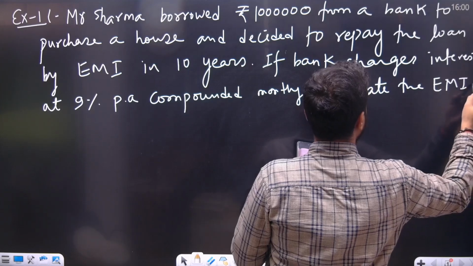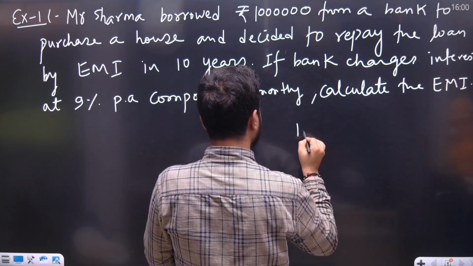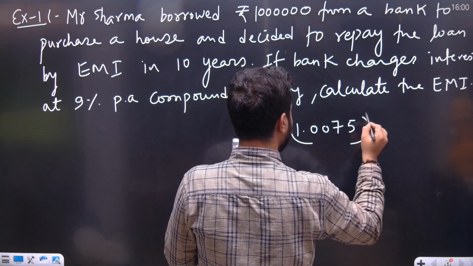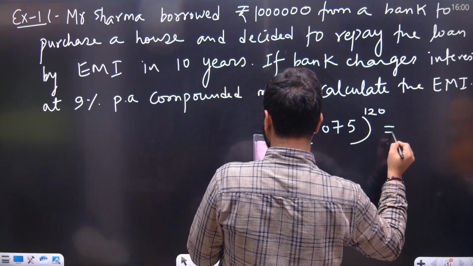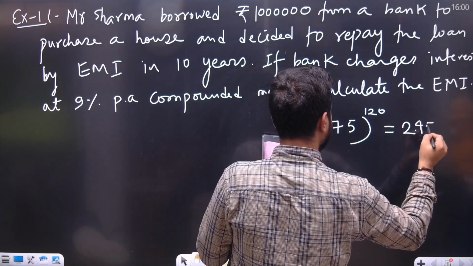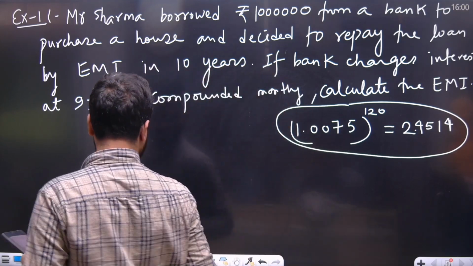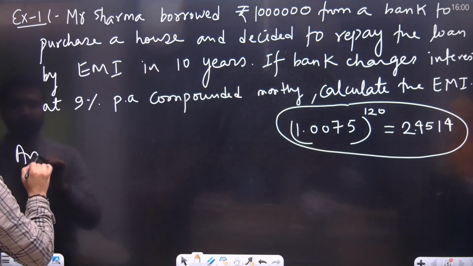And it is also given that 1.0075 whole to the power 120 is equal to 2.4514. It is given. Okay, now let's solve this question.